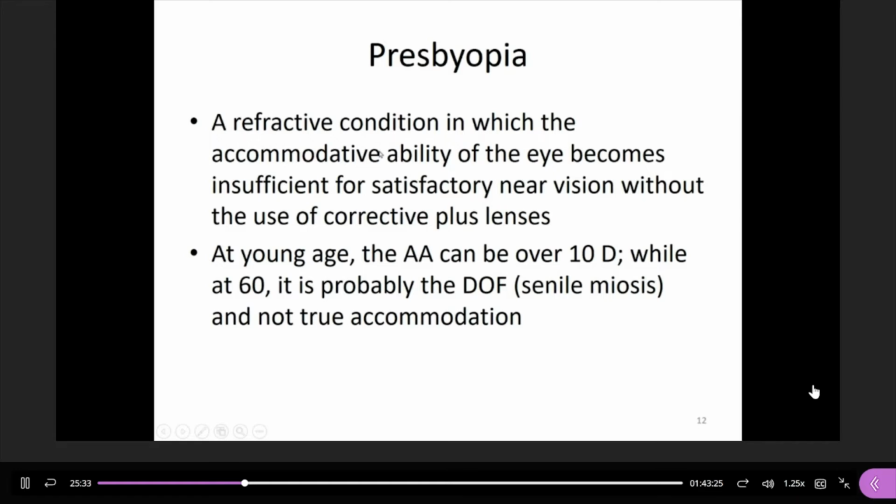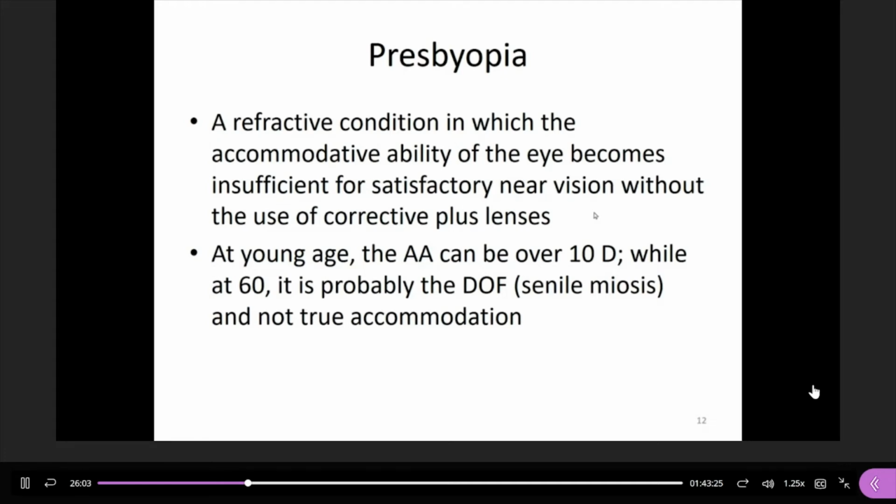Okay, so this is a refractive condition in which the accommodation's ability becomes weaker for satisfactory near vision. You can see that we put down "satisfactory" here. Satisfactory means whether the patient is satisfied with his near vision or not. So you can see that this is a little bit subjective.